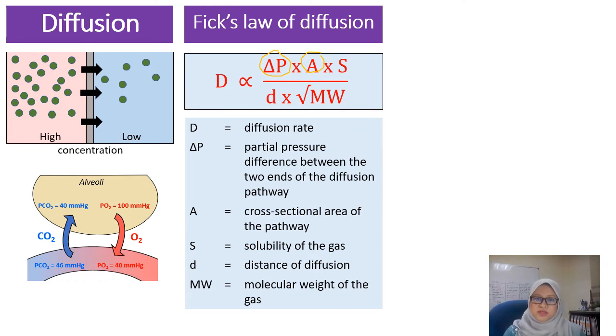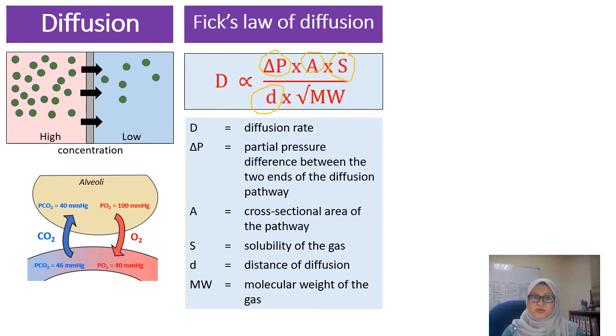And diffusion rate is also proportional to the solubility, meaning the higher the solubility is, the higher the diffusion rate. The diffusion rate is inversely proportional to the distance of diffusion. This refers to the thickness of the membrane. If the membrane is thicker, the diffusion rate will decrease.